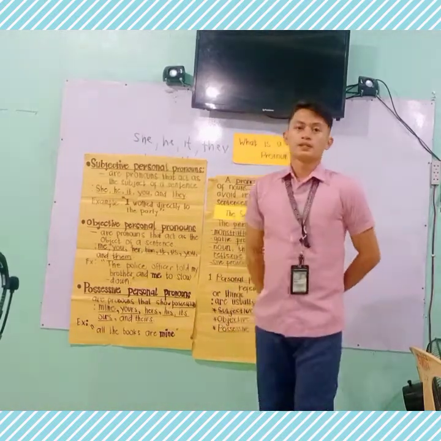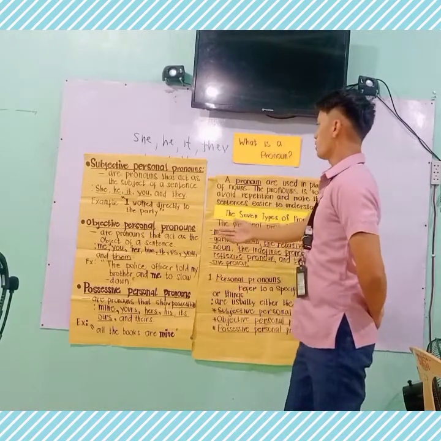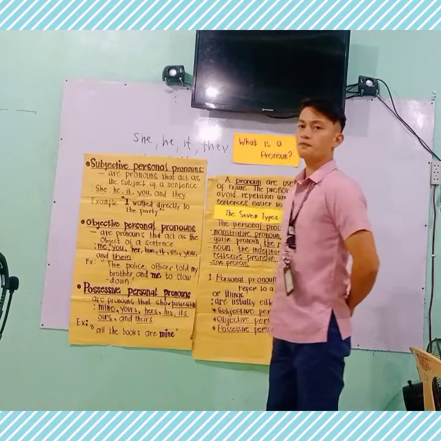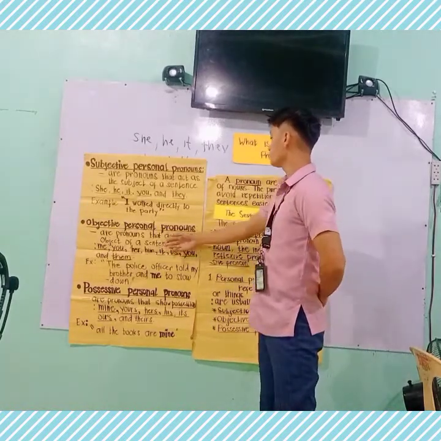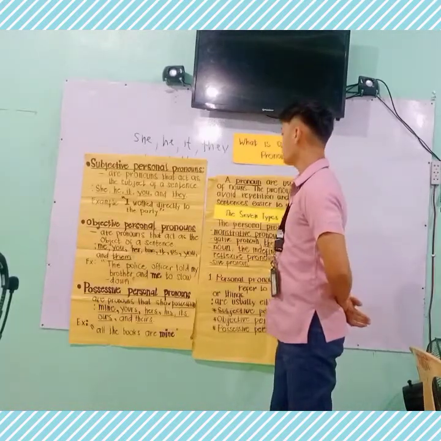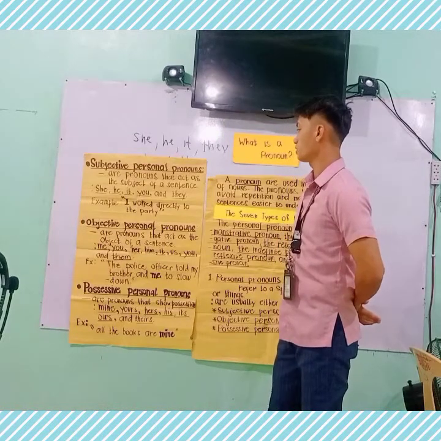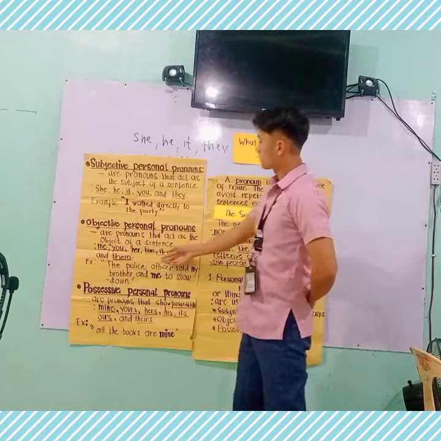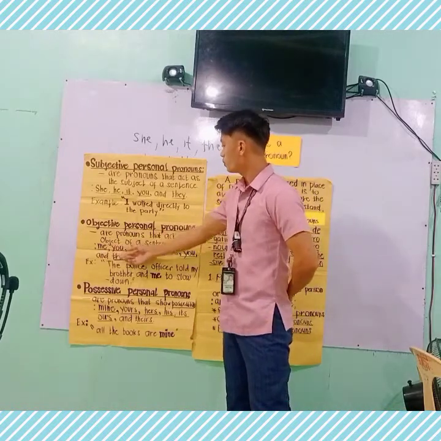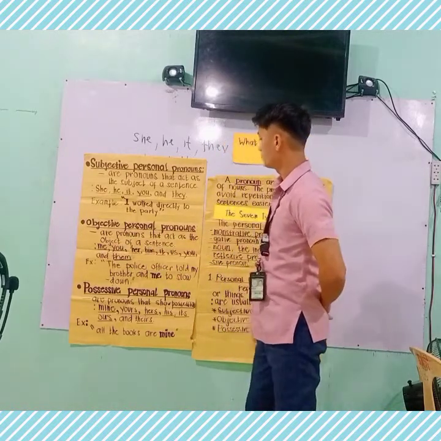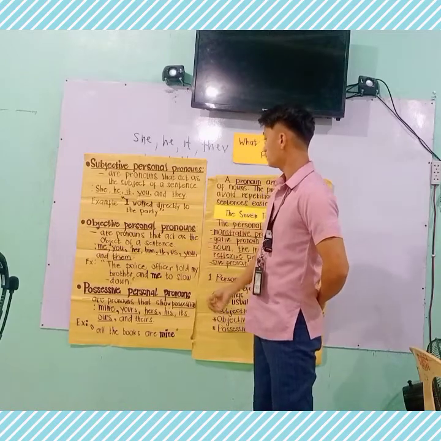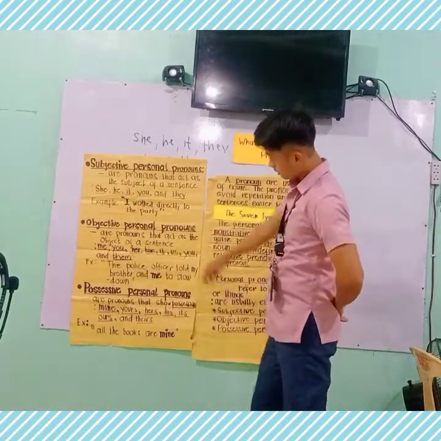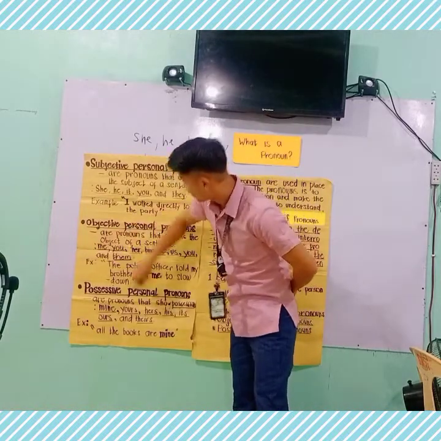So, let us proceed to the objective personal pronouns. So, objective personal pronouns are pronouns that act as the object of a sentence. So, these are the objective personal pronouns. Me, you, her, him, it, us, you, and them. So, here's the example.